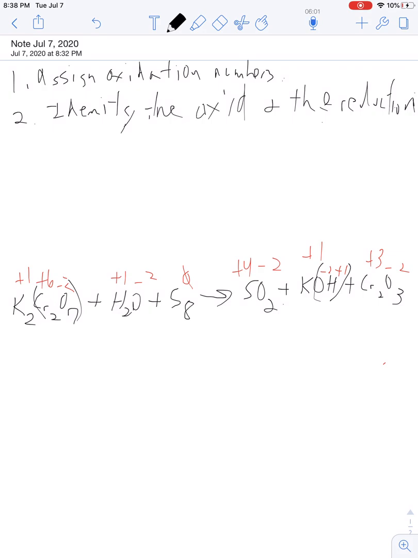Okay? So the thing whose oxidation number gets smaller is being reduced. I'm just going to write some oxidation numbers here.